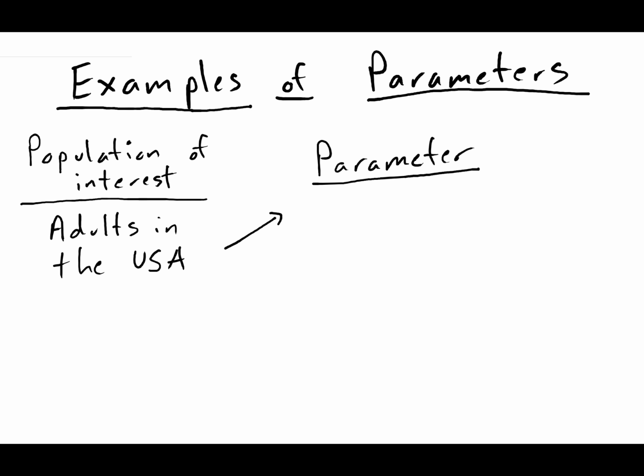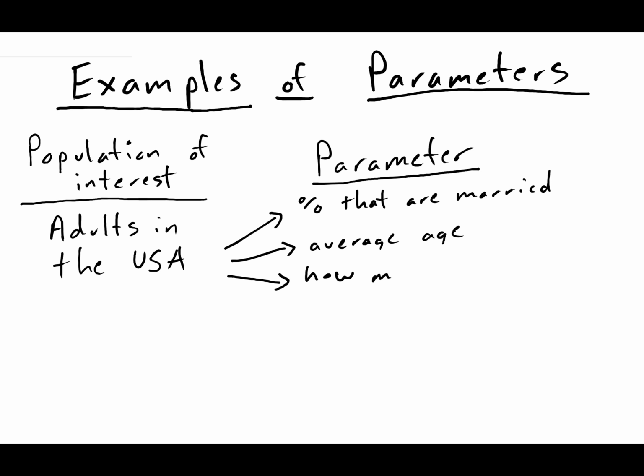For example, we might want to know the percentage that are married, or we might want to know the average age of adults in the United States, or we might want to know how many are older than 70 years old. These three things that I've listed here are all numbers, and they're all numbers describing this population.